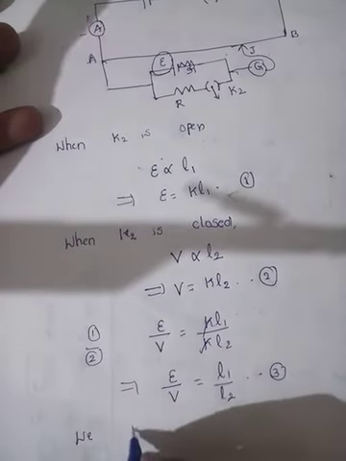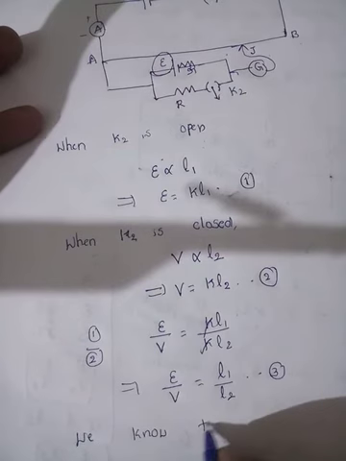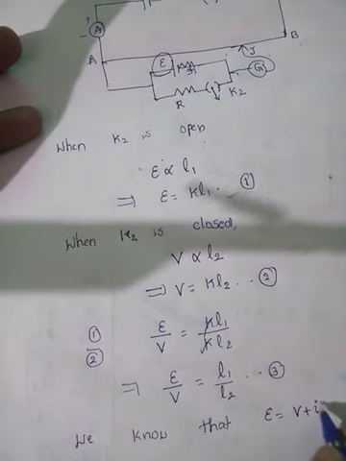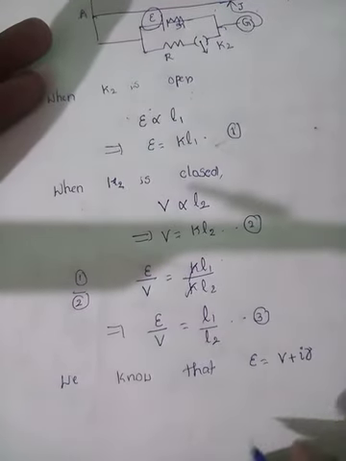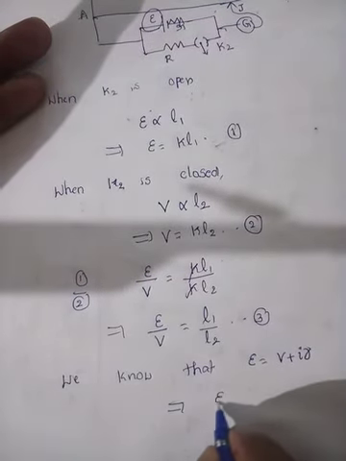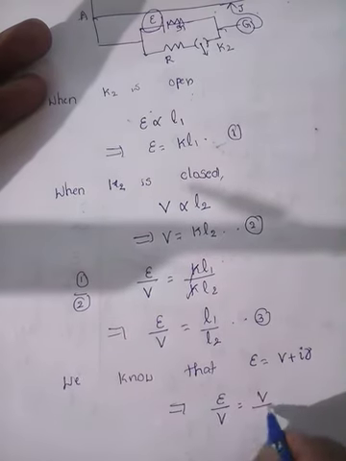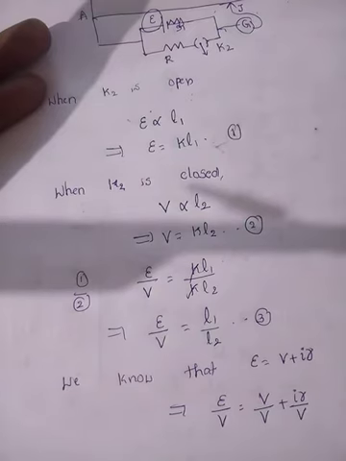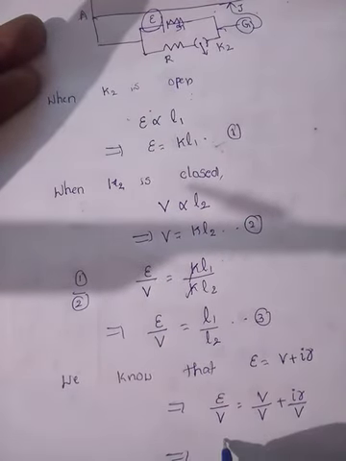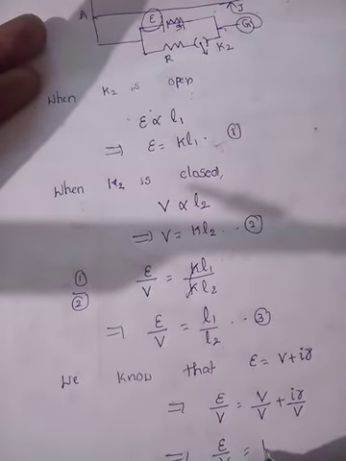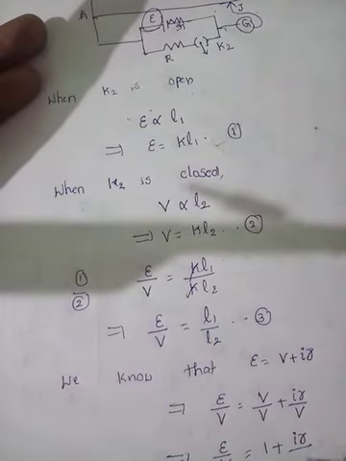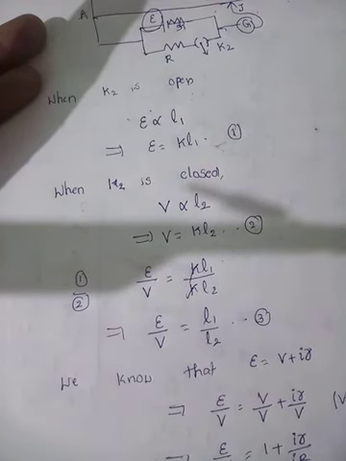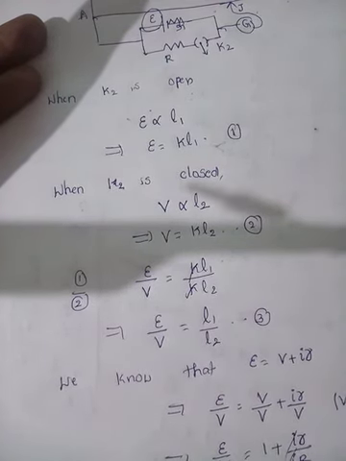But we know the formula for the EMF of the battery: E is equal to V plus Ir. Divide by V on both sides. Then E by V is equal to V by V plus Ir by V. From this, E by V is equal to 1 plus Ir by V, which can be written as I into capital R, and I cancels.